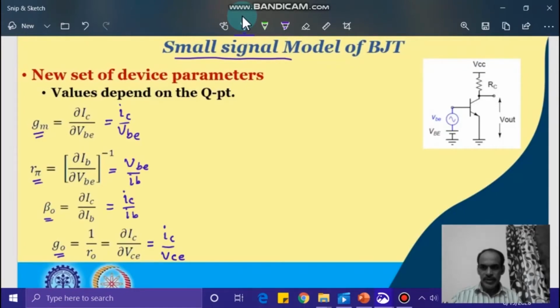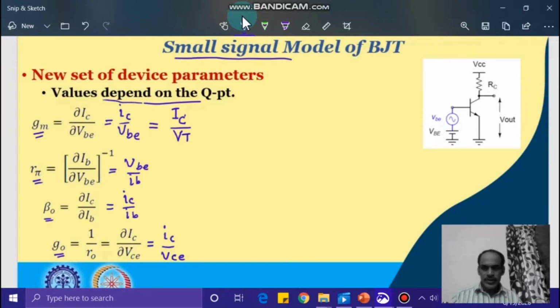So, all these parameters, as we have discussed, depend on the operating point, or to be more precise, we can express the small signal parameters in terms of the operating point. So, g_m is I_C, the collector current at the operating point, divided by the thermal equivalent voltage V_T.